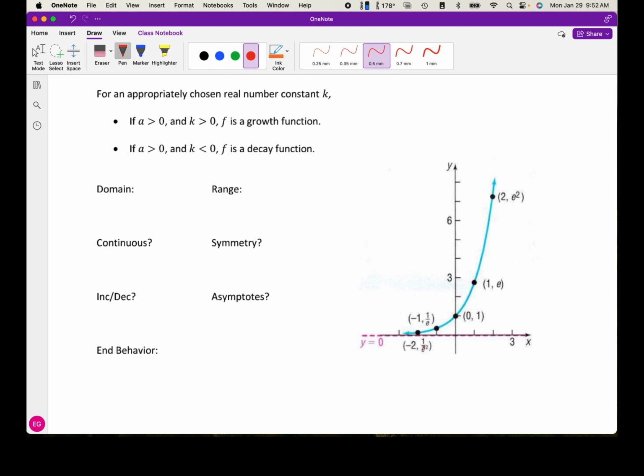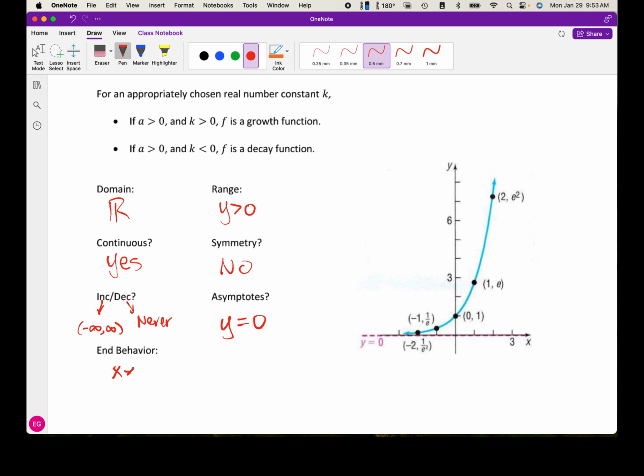It follows the same domain that exponentials have, the same default range with no transformations. We have that it is, in fact, continuous, right? So yes, it's continuous. It still has no symmetry. It is always increasing from x values of -infinity to infinity. It is never decreasing. And it still has a horizontal asymptote at y equals 0.